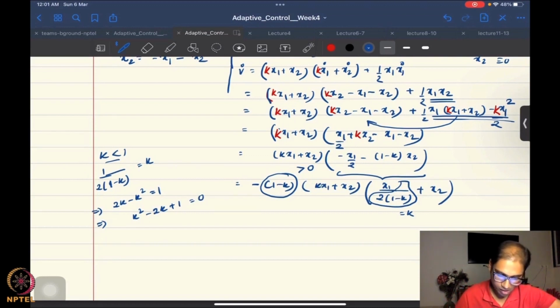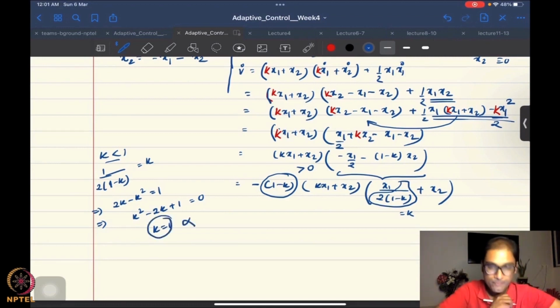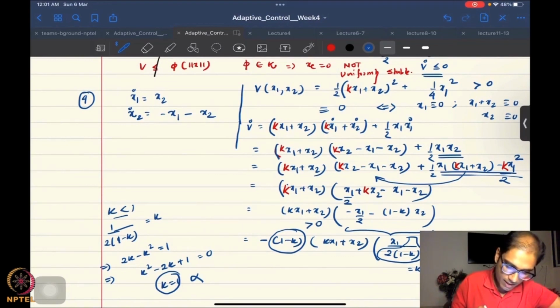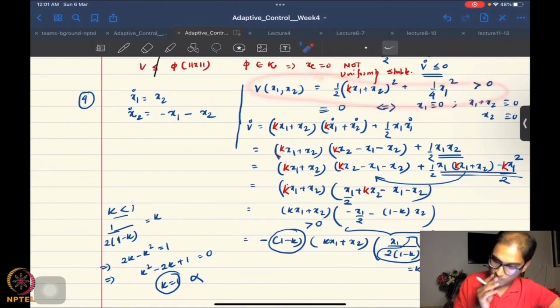So the question is, can I actually satisfy these two? I'm not sure this is possible, because this is going to give me k equal to 1. So this is not good yet. Anyway, this construction is right in spirit.